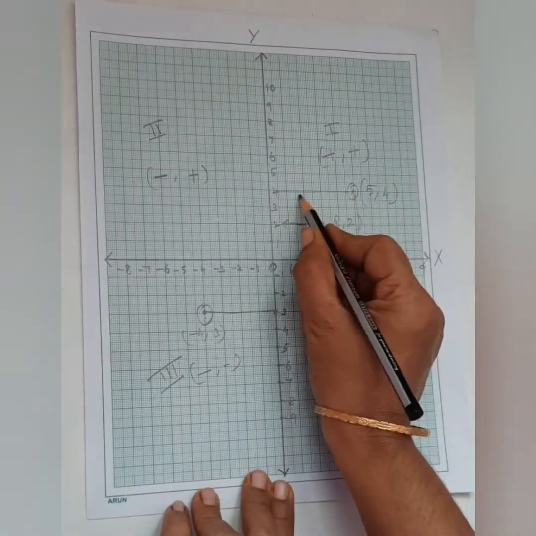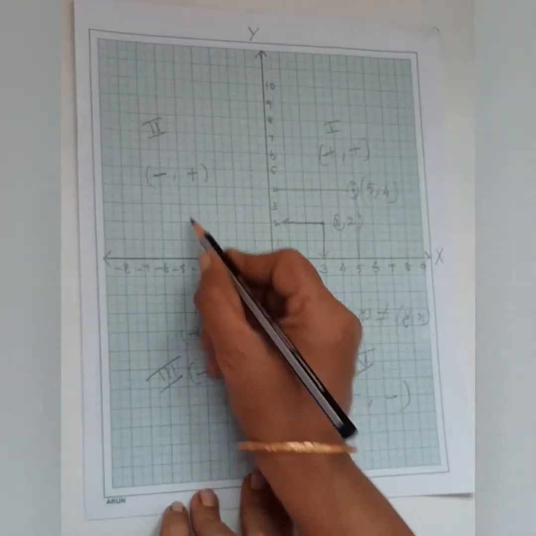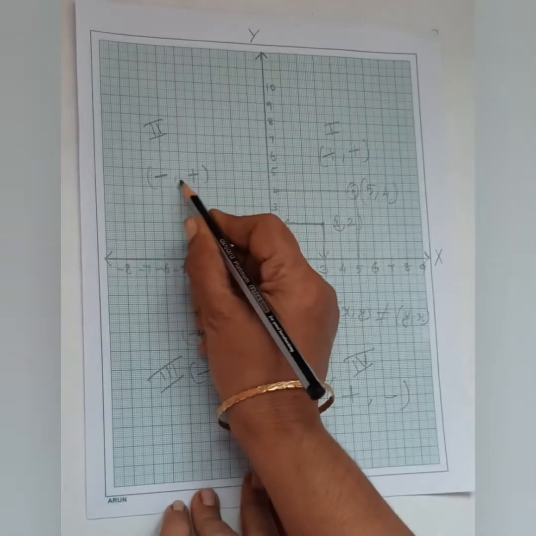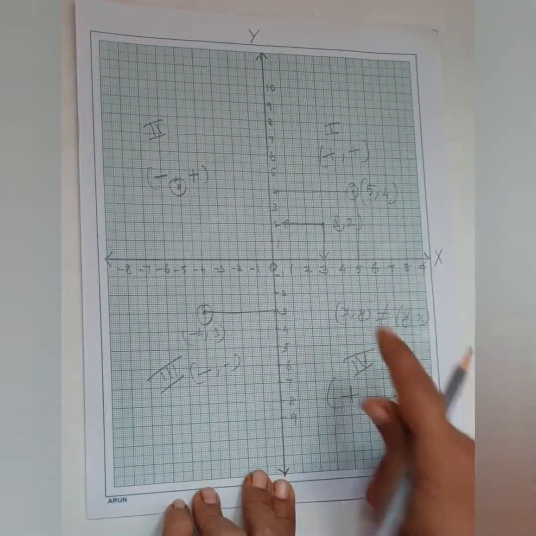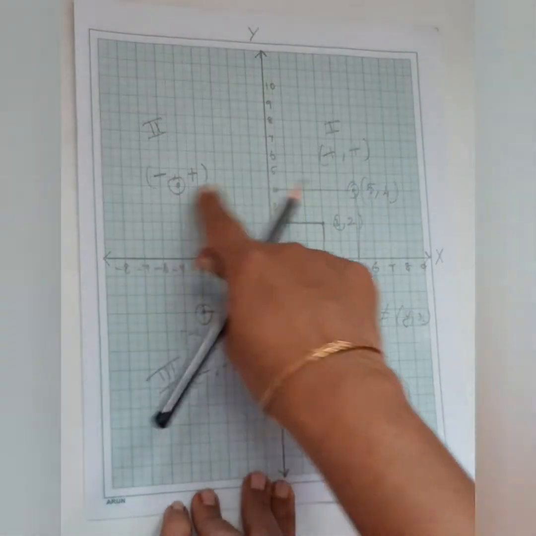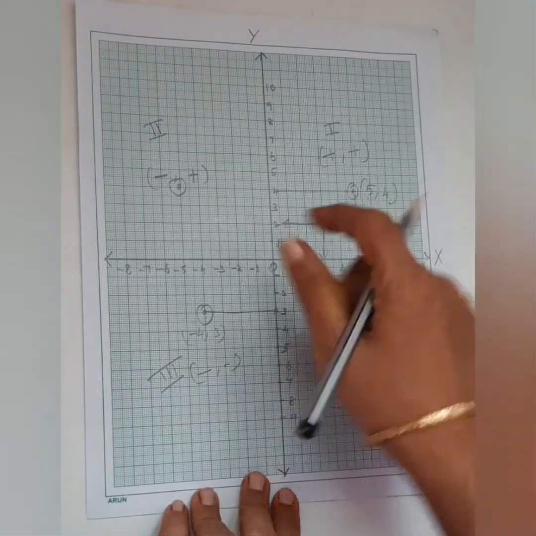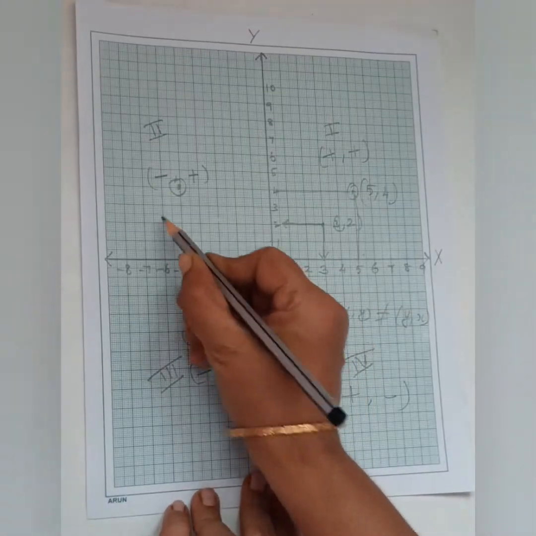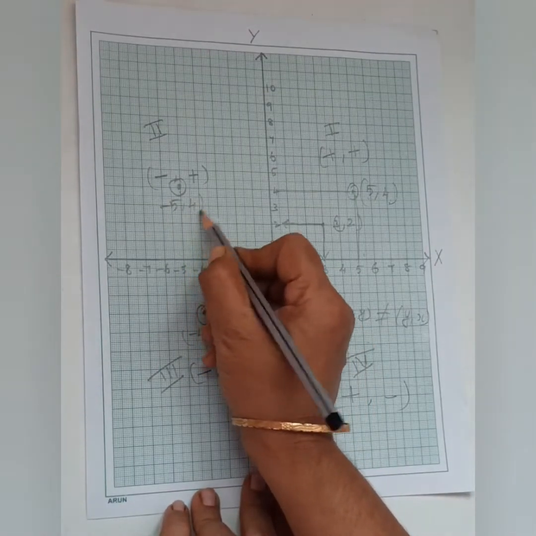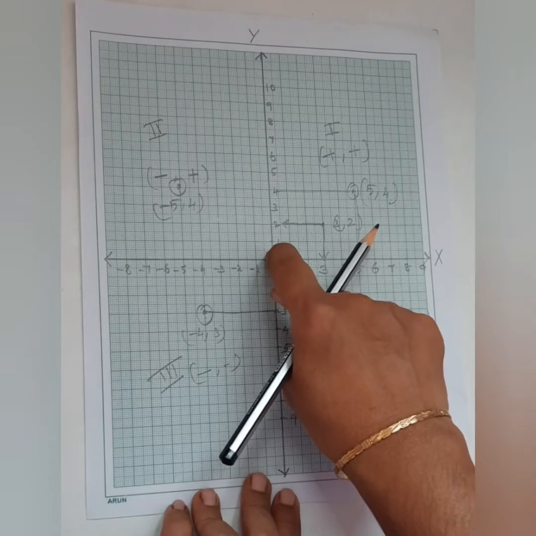What is this distance here? This distance is 5 centimeters. So the same point will come here. That is called the mirror image. So what is the mirror image of 5 comma 4? The location of this is nothing but minus 5 comma 4 based on the y-axis.